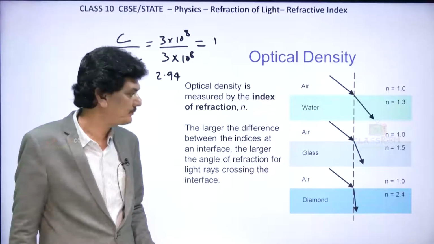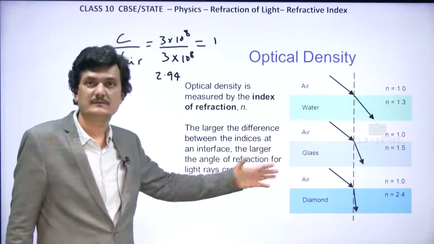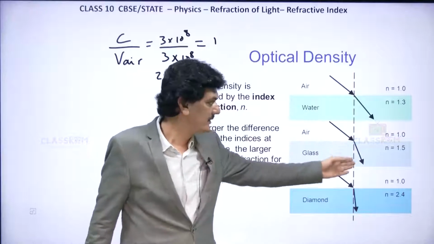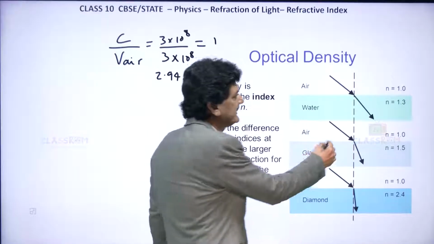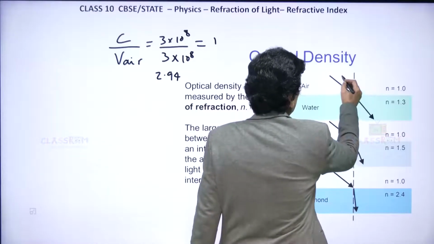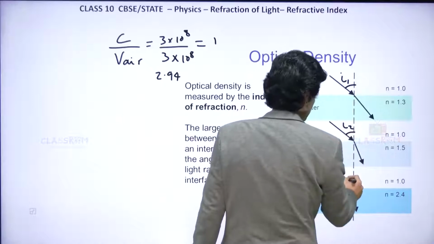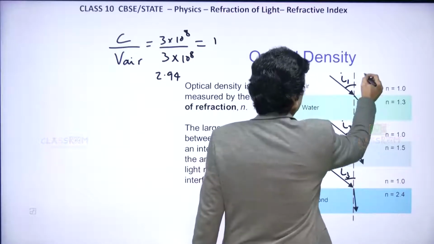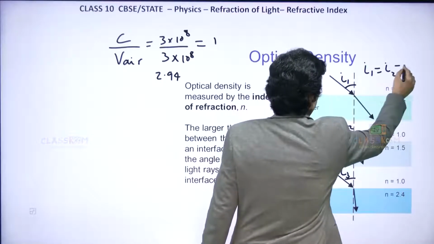So, its refractive index with respect to air will be high, and therefore you can see the amount of bending here. For air and water, we are taking the same angle of incidence, I1, I2 and I3, such that I1 equals I2 equals I3.